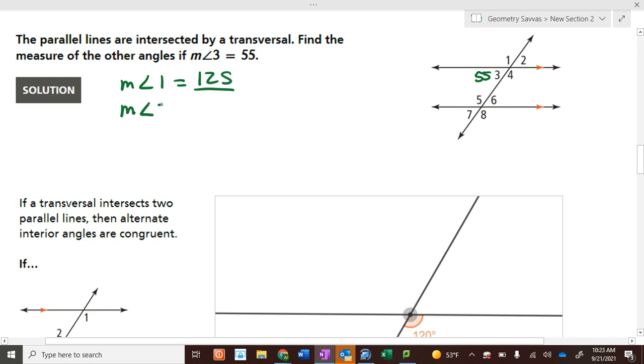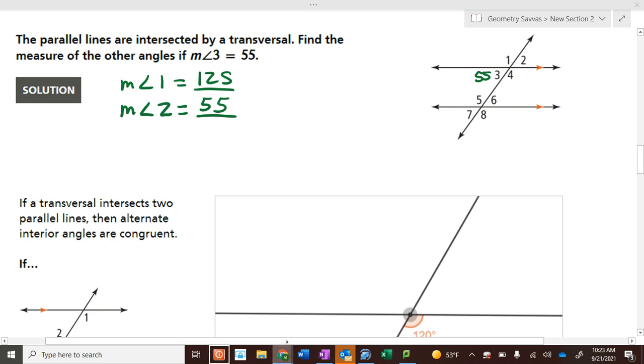What's the measure of angle 2, Olivia? It is 55. Why? Okay, because it's supplementary to angle 1, according to Olivia, which works. It's also vertical with angle 3, which makes them congruent.